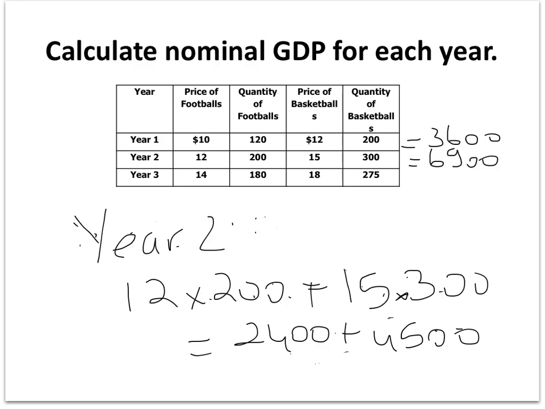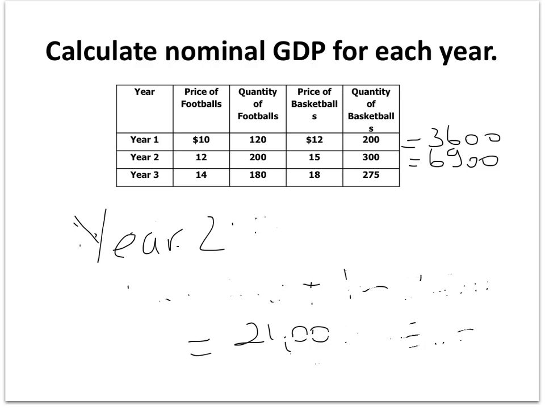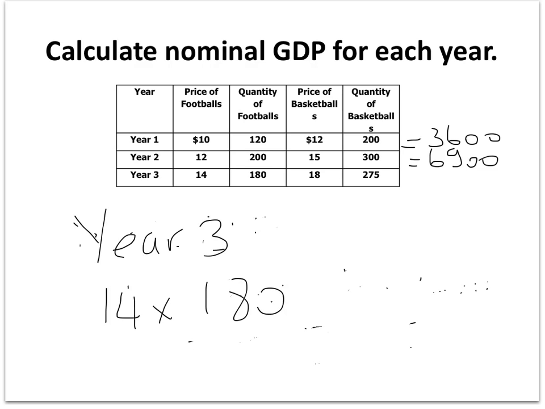And now let's calculate year 3. Year 3. The price of football is 14 times 180 plus 18 times 275.